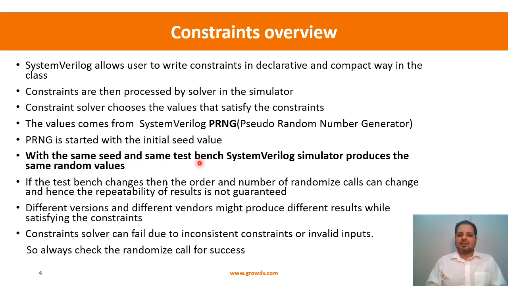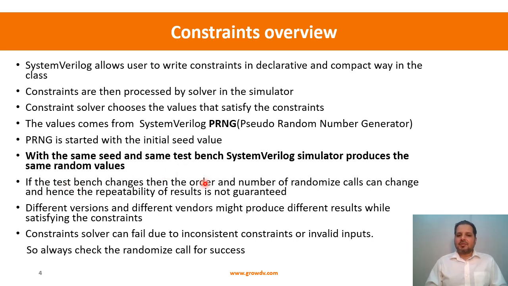So with the same seed value and the same test bench, this is also important, because if you change the number of calls to the random number generator, then the values generated could be different. Okay, so that is why with the same seed value and with the same test bench, the SystemVerilog simulator produces the same random values, right? That is where the behavior becomes reproducible.